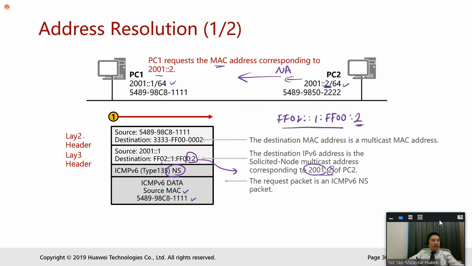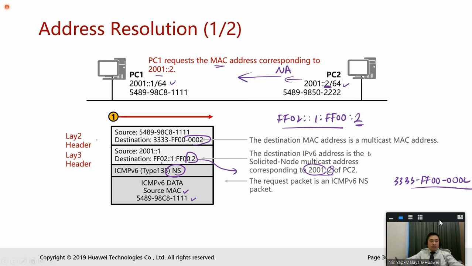You can see in the layer 2 header the MAC address has been fixed as 3333-FF00-0002. That is the multicast MAC address.